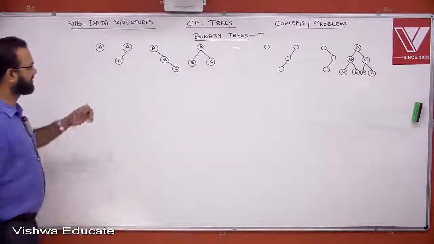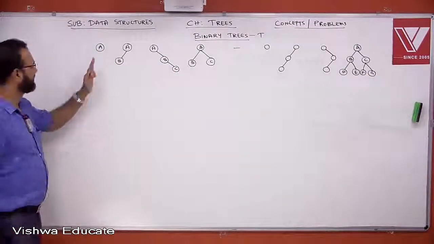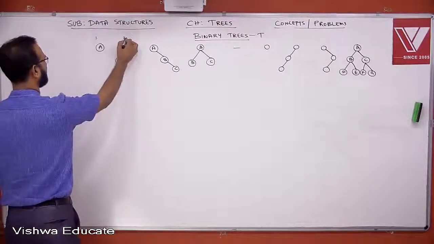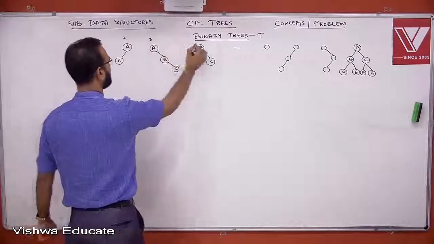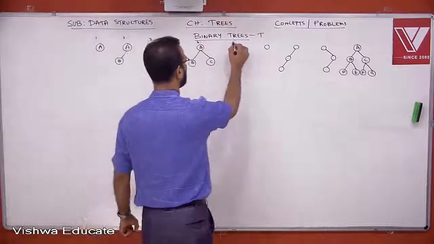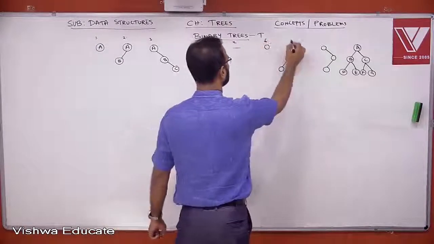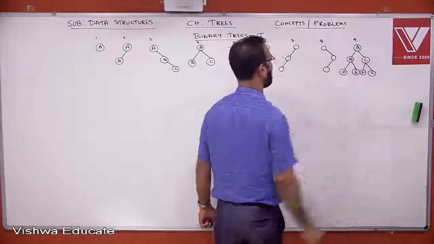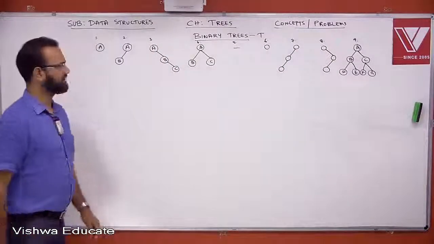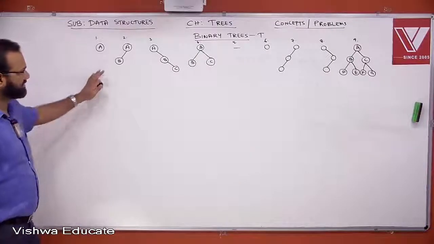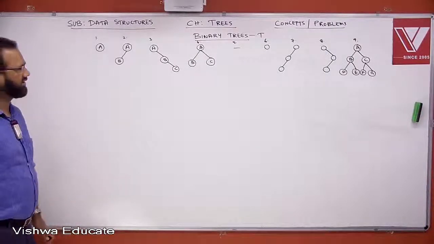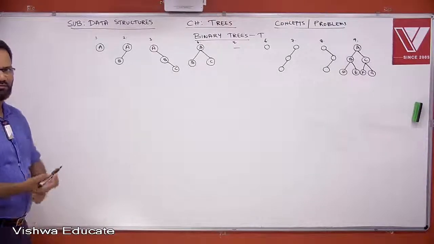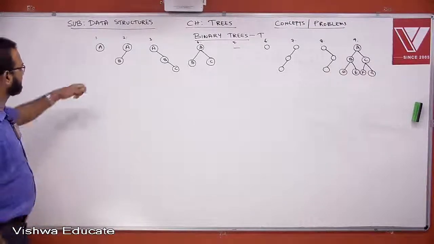Some of the structures I have drawn over here. I'll label them, say number them 1, 2, 3, 4, 5, 6, 7, 8, 9. Among these 9 structures in front of you, how many are binary trees and how many are not binary trees? Let us start with the first one.